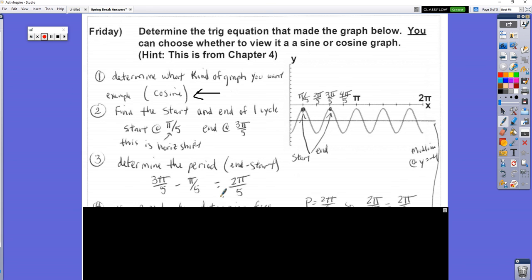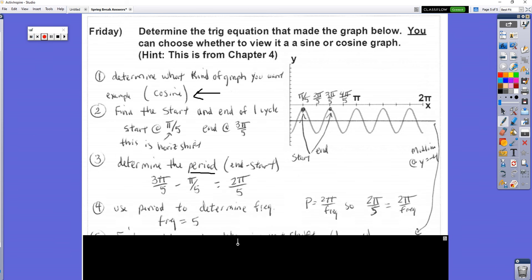The next thing that you're going to have to do is determine the period from the graph, which is calculated by taking your ending value and subtracting your starting value. So my graph ended its first cycle at 3/5 pi and started its first cycle at 1/5 pi. Taking the difference between those is 2/5 pi. That's what you call the period.